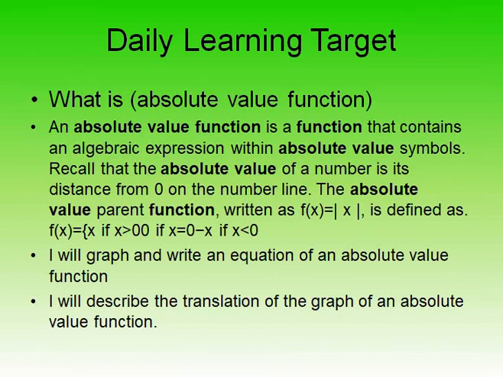So actually, absolute value uses this symbol to turn the same number, positive or negative, into positive. So the absolute value of 5 is 5. The absolute value of negative 5 is 5.